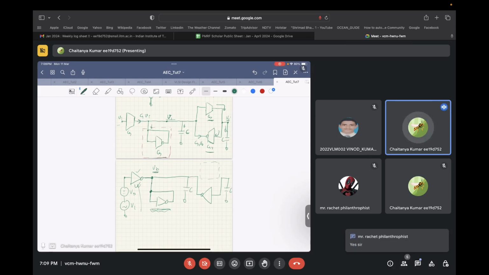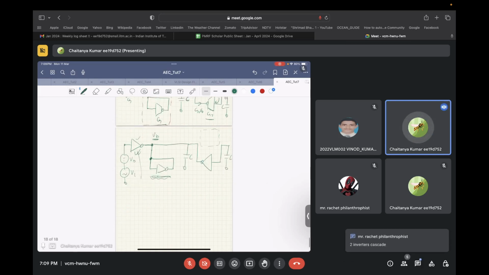Okay. Now the upper transconductor is positive, so it needs to source the current. It does not need to sink the current. So we need to somehow make this particular block a current source. So, two inverters cascaded. Now the problem with a simple two-inverter cascade is that the gain of these two will get multiplied.